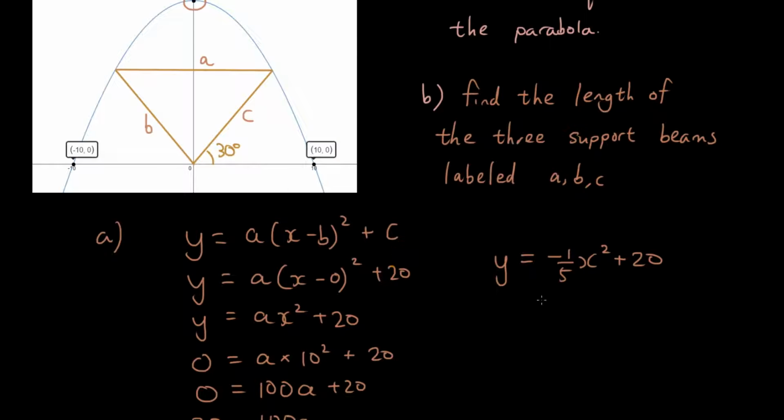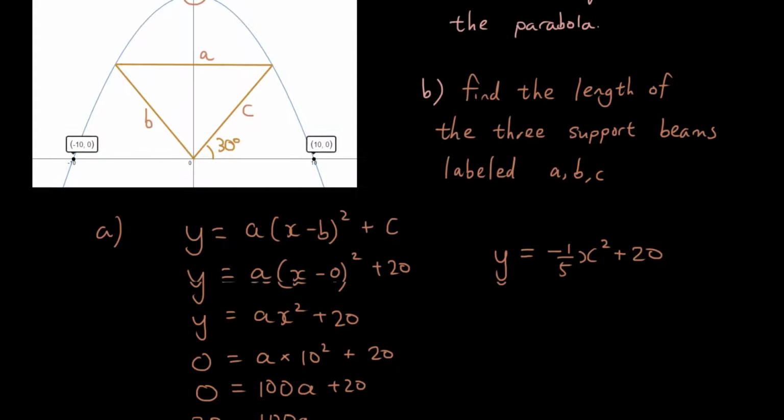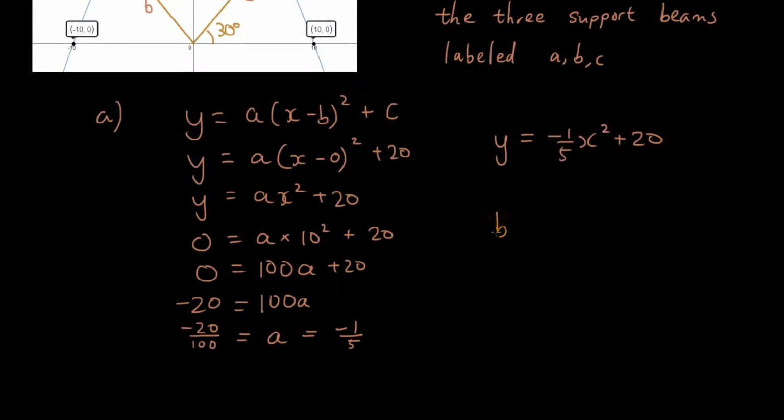So, if you guys remember, the gradient is equal to, so we're now working on part B. So, let's just go down a bit. So, part B, the gradient is equal to rise over run, isn't it? Now, if I draw a right angle triangle, and I put the angle here is 30, right?